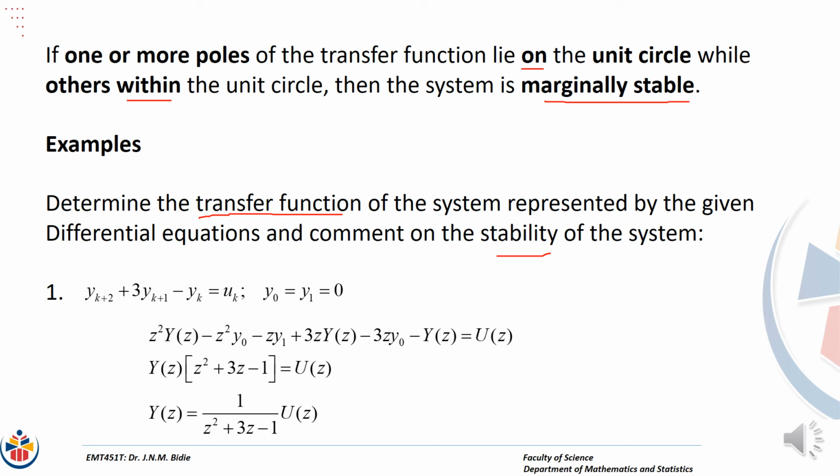So first things first, when we're given a differential equation, we take the z transform of both sides, noting that the z transform of uk is u of z, and then make y of z the subject, recalling that y of z is always equal to g of z multiplied by u of z. So that means 1 over z squared plus 3z minus 1 is g of z.